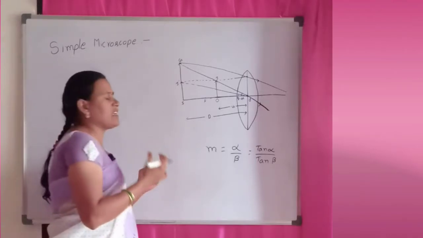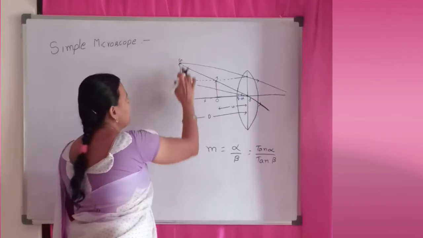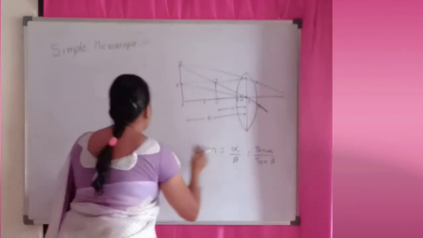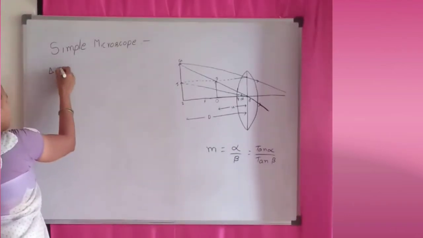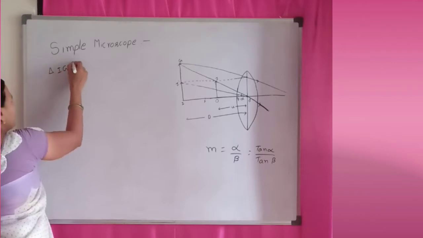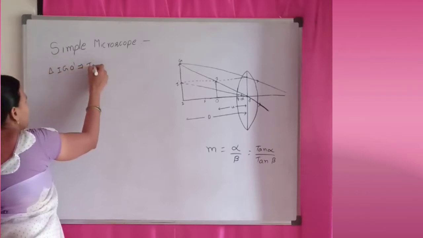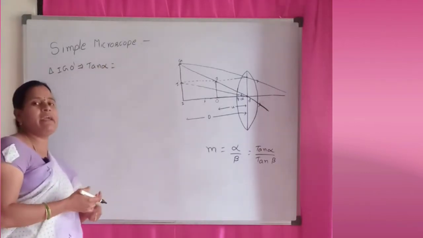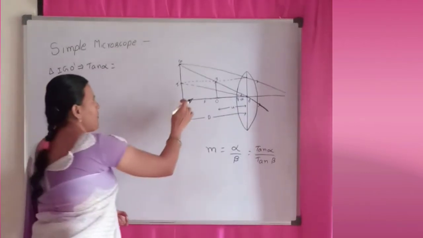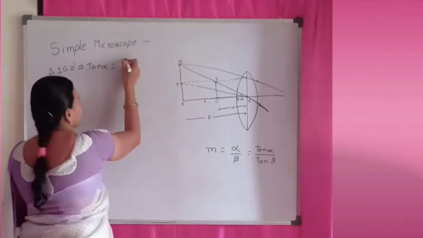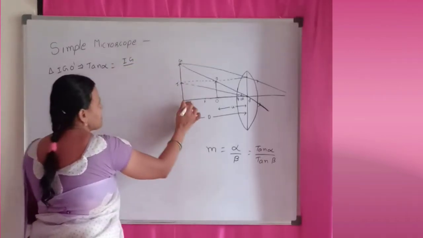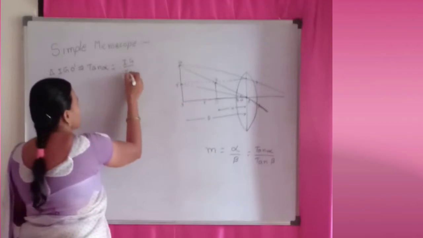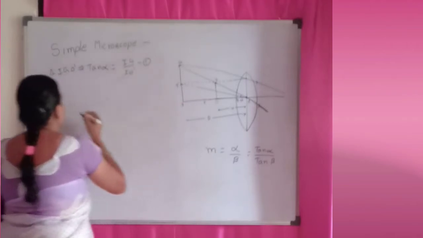First I am taking the triangle IG O dash. For this triangle I am writing tan alpha. Tan alpha means opposite side by adjacent side. What is the opposite side? IG. And what is the adjacent side? IO dash. So this is the first equation.